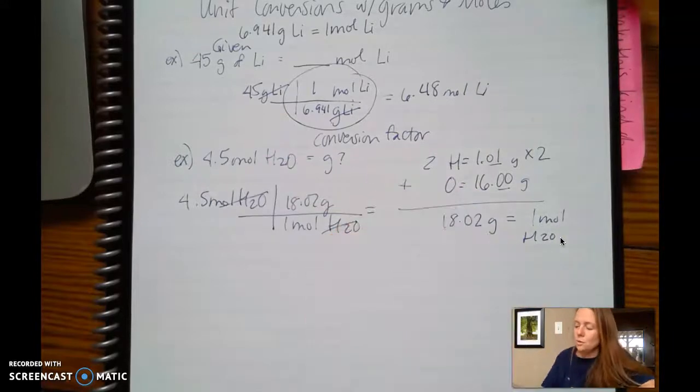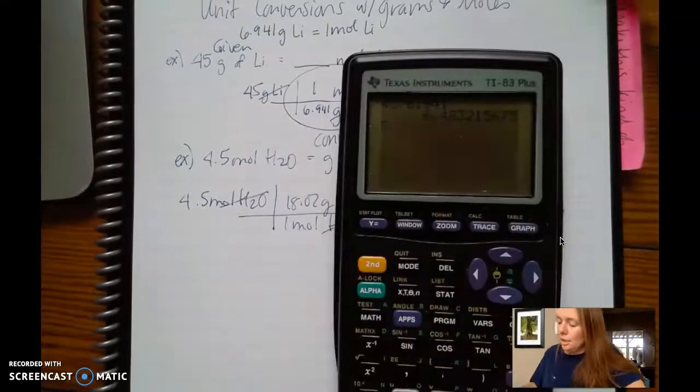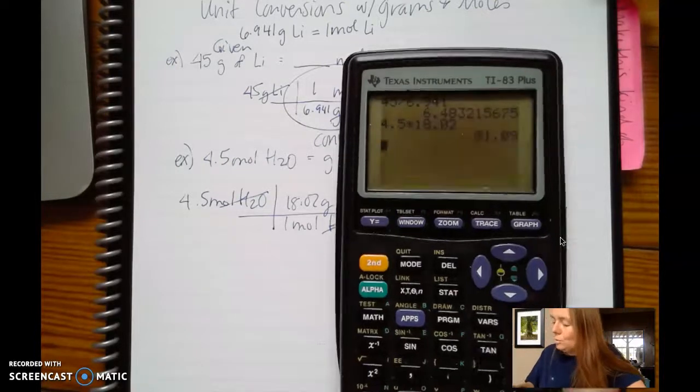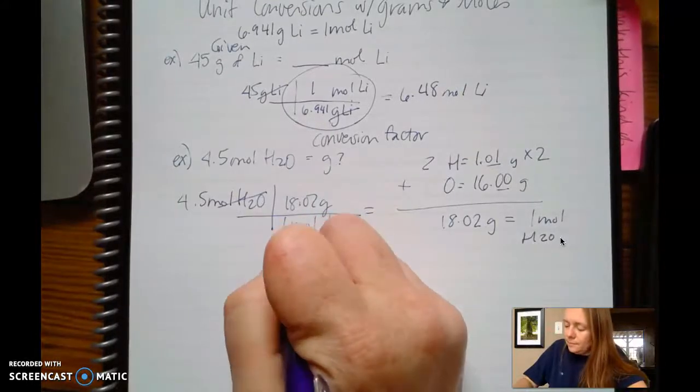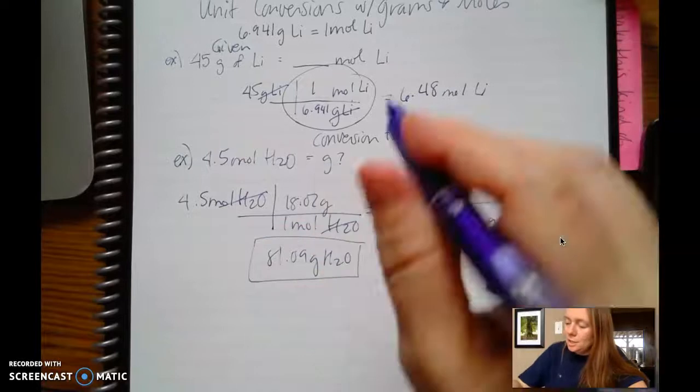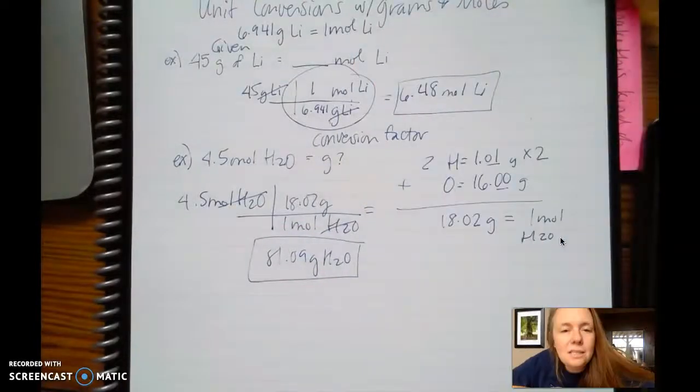Moles divided by moles will cancel out. Your answer is going to be 4.5 multiplied by 18.02, 81.09 grams of water. Keep your units attached and make your answers easy to find.